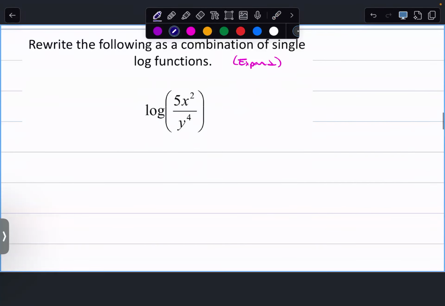So I'll just start here. The log of 5x squared over y to the 4. So from that division property, or the difference of logs property, let's start there and split up the numerator from the denominator. So that's going to look like this: the log of 5x squared minus the log base 10, of course, of y to the 4.